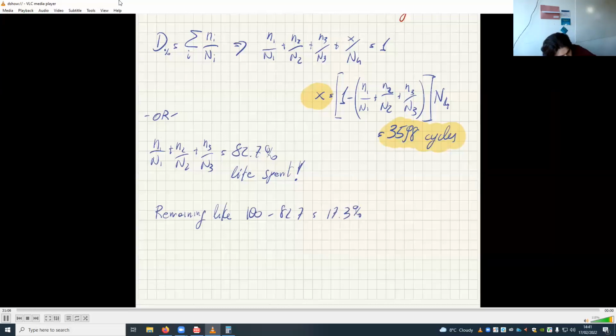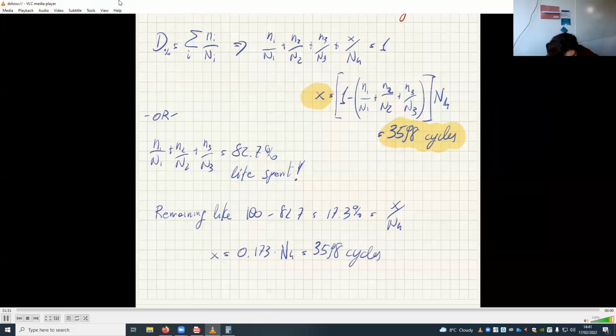And that's also equal to x over M4. Okay, so you can just solve x equals 0.173 times M4, which is equal to, again, 3.5. That's another way of doing it.